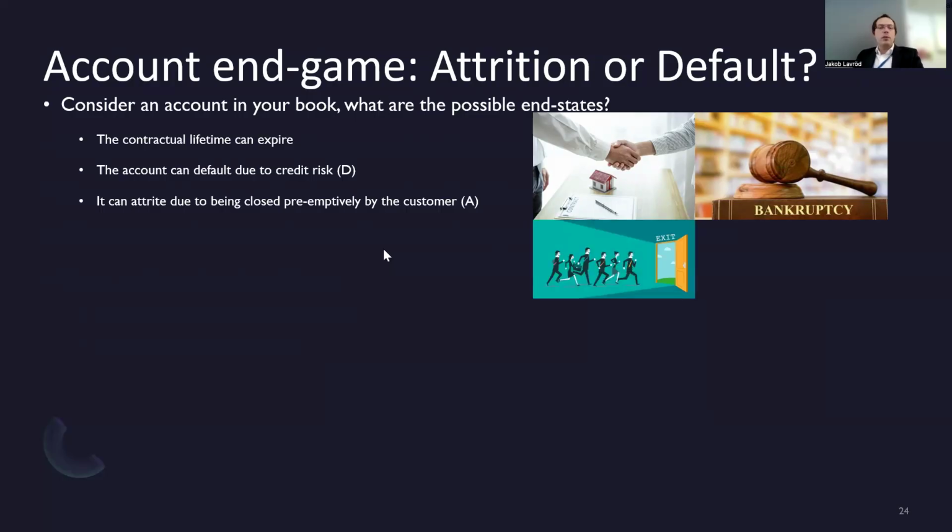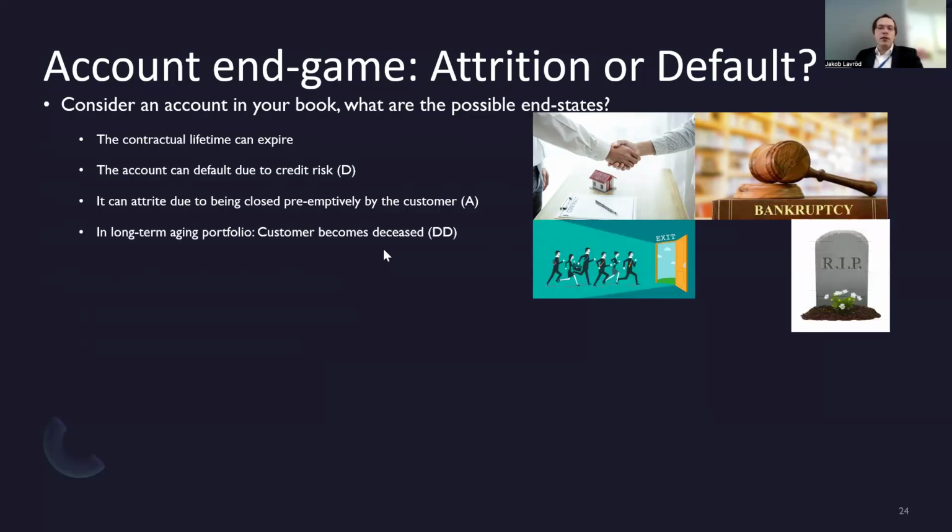They can also attrite, because they leave you as a customer. And you could even have the customer deceased, which, especially in a low risk bank, is not that uncommon. Attrition is important to think about because it really mitigates your credit risk. It's bad for the business, but if you have to calculate the provisions, you need to account for the fact that customers are leaving you preemptively.